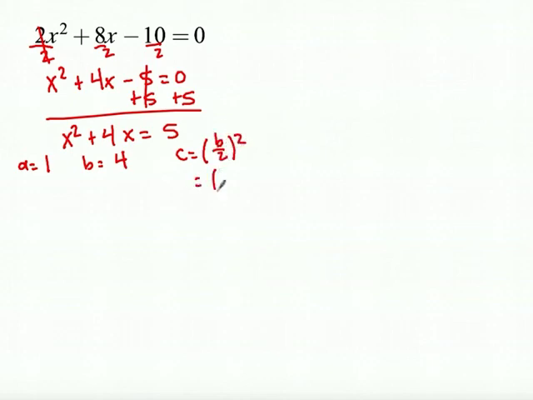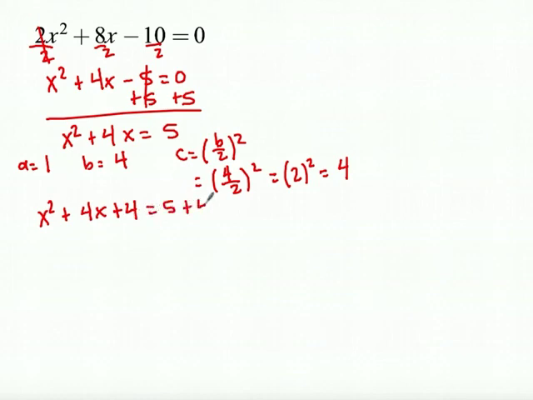Now I know that my b is 4, so 4 over 2 squared. 4 over 2 is 2. 2 squared gives me 4. So my c is 4. So that means I'm going to write this as x squared plus 4x plus 4 equals 5 plus 4.